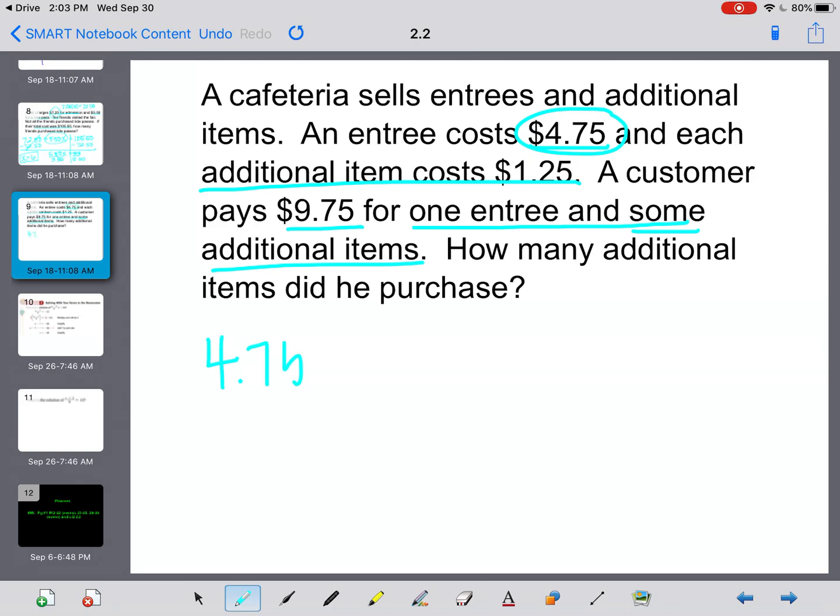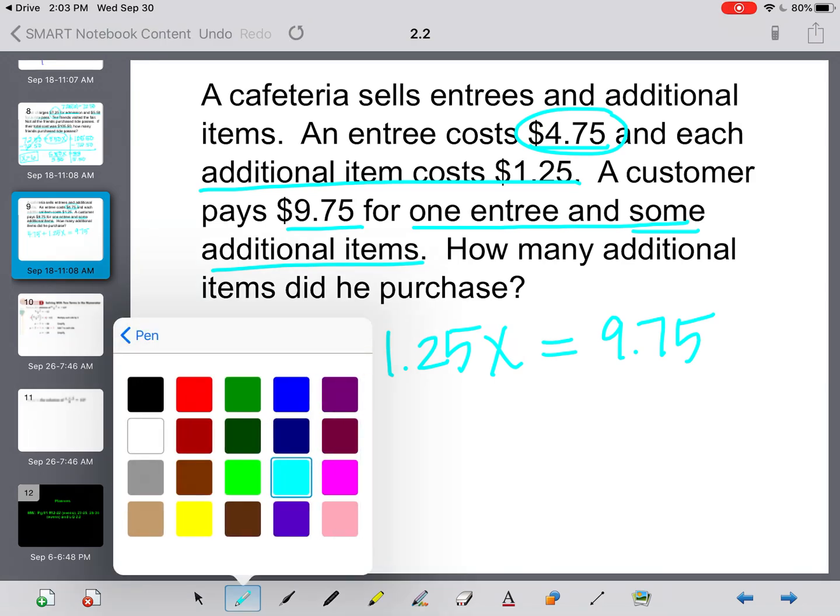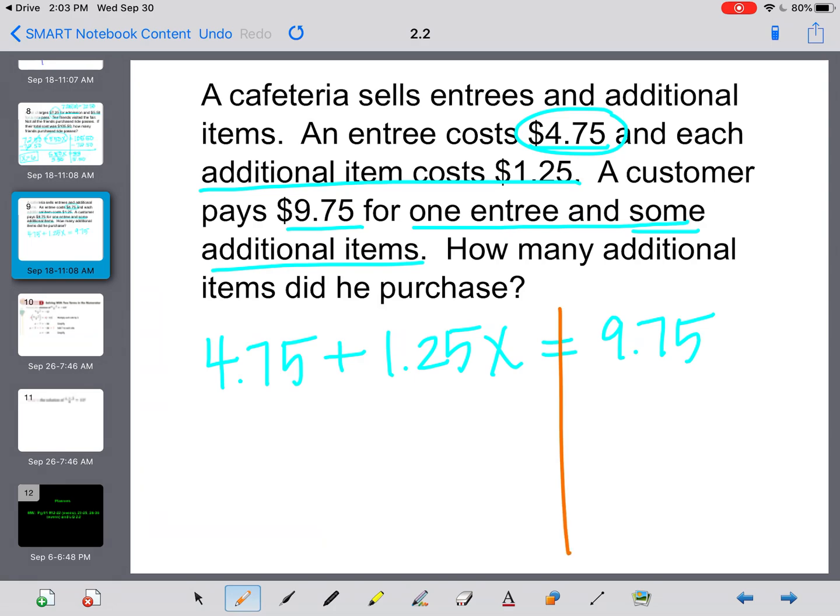Okay, we know he only bought one of these entrees, so he spent $4.75 on that. Plus, he bought some additional items. We don't know how many, but we do know that each one of them cost $1.25. So $1.25 times however many he bought, plus his entree, cost him $9.75. That is our equation.